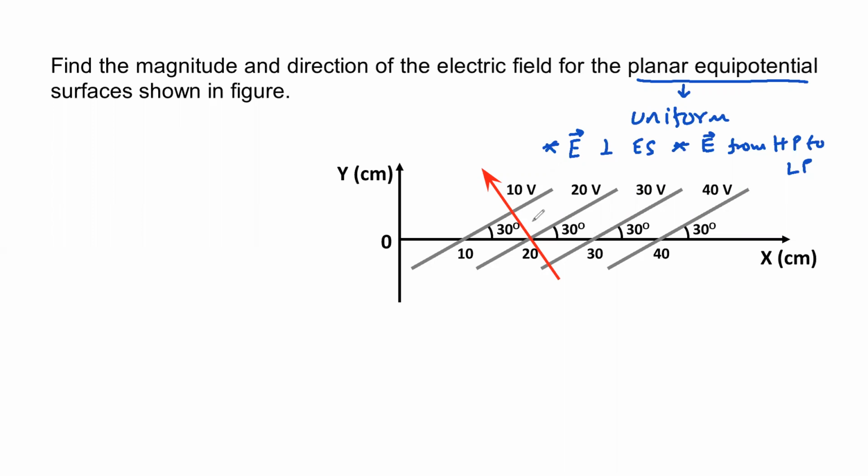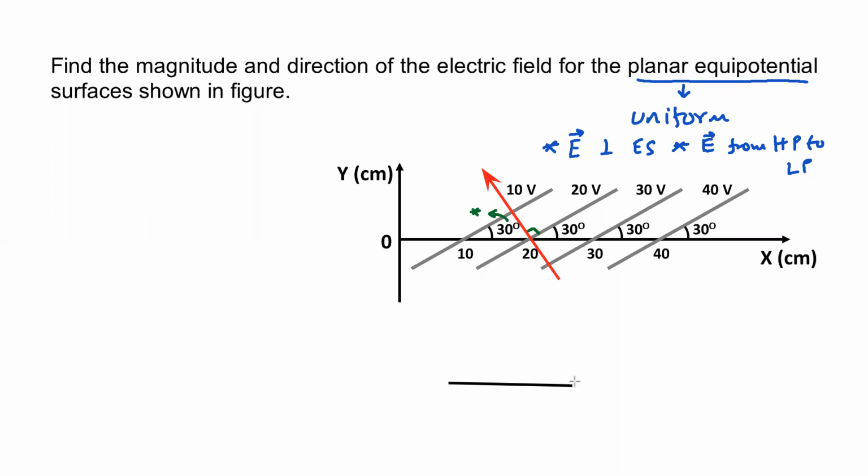Now you can see that this angle is 90 here. This is 90 right here. Now look at this particular triangle. Okay, so we'll look at this triangle. Let me draw that triangle again. This is from 10 to 20.